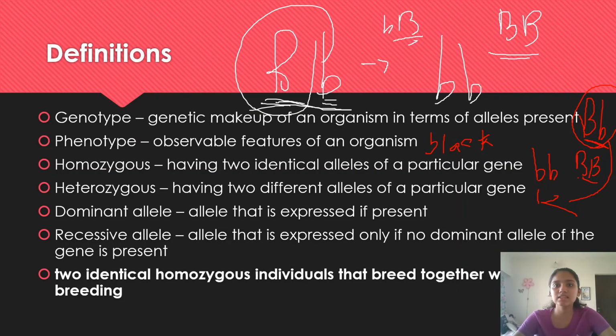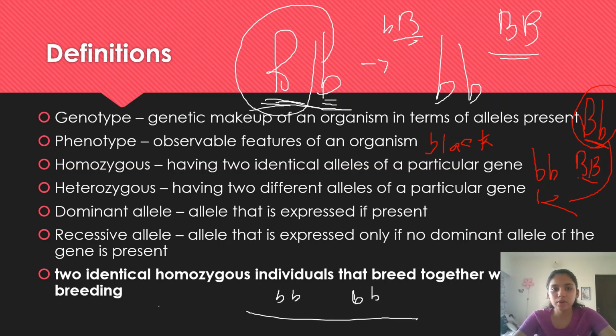Recessive alleles, you can think of it as dominant being stronger, recessive being weaker. So the stronger will obviously overpower the weaker. The dominant allele will be expressed if present. The recessive allele will be expressed only if the dominant allele is not present. If 2 identical homozygous individuals breed together, it's called pure breeding. So if you have a brown mouse with genotype small b small b that pairs with another brown mouse that has the genotype small b small b, it's called pure breeding, because all the offspring will be 100% brown.